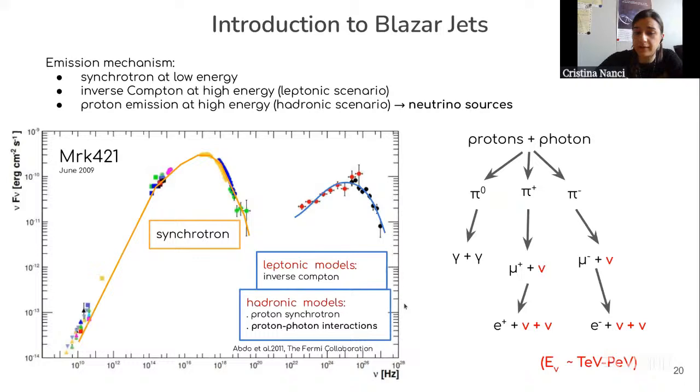Regarding this last emission mechanism, these are really interesting in the multi-messenger context, because one of the products of the interactions between protons and photons are not only the high energy emission that we observe in the blazar SED, but also TeV to PeV high energy neutrinos. So this makes blazars a good candidate as neutrino sources.